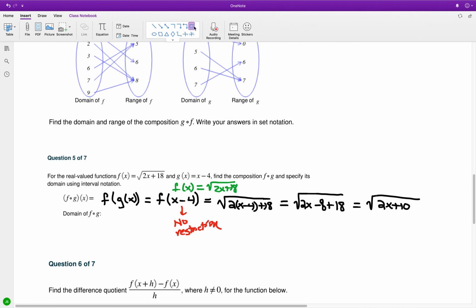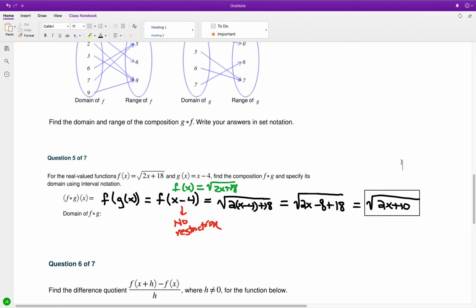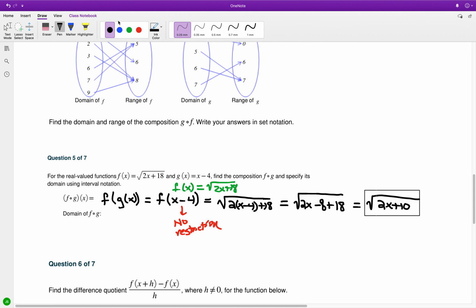So for f composed with g of x, this is going to be your final answer: the square root of 2x plus 10. Now in terms of the output, we have a restriction since we have a square root function. 2x plus 10 cannot be negative. It can be 0 and it can be positive. So we have 2x plus 10 is greater than or equal to 0, and 2x is greater than or equal to negative 10.